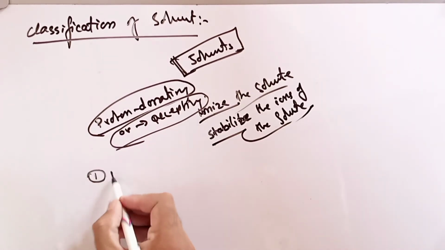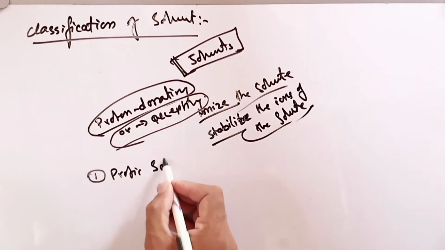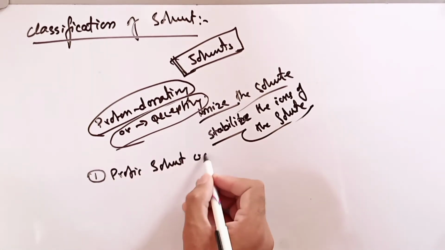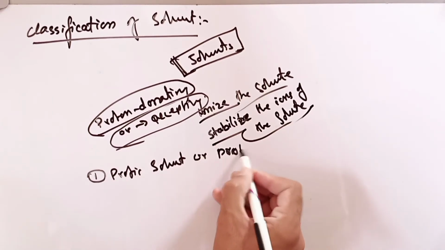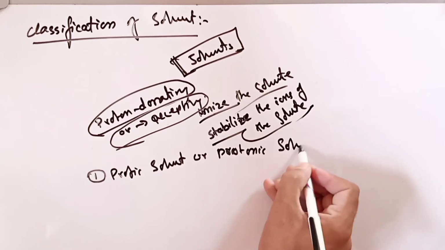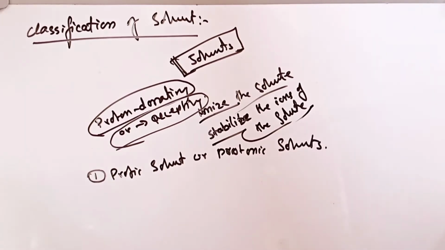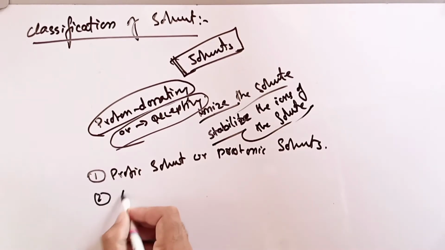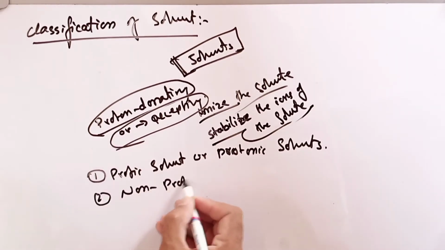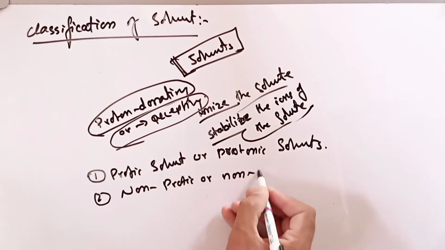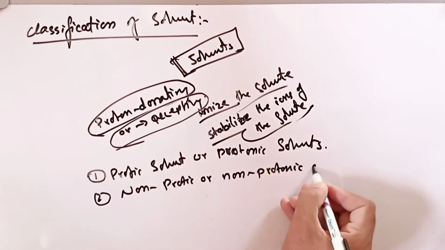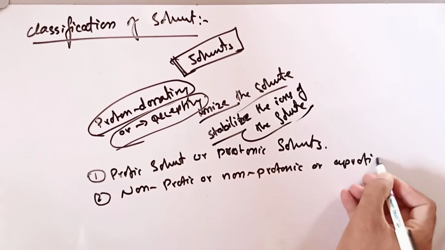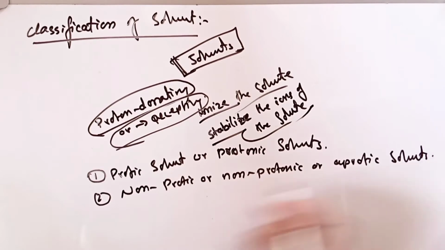Number one, protic solvents. A protic solvent is also called a protonic solvent, while the other type is the non-protic, non-protonic or aprotic solvent.